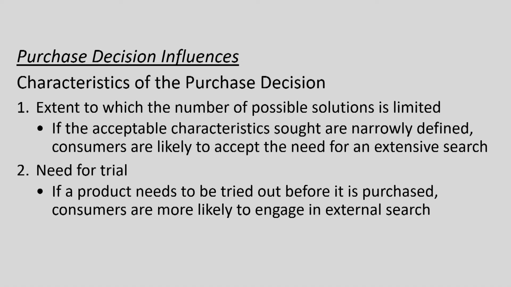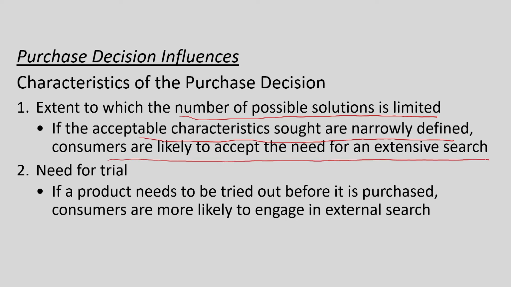A characteristic of the purchase decision is the extent to which the number of possible solutions is limited. If the acceptable characteristics sought are narrowly defined, consumers are likely to accept the need for extensive search. If the benefits, attributes and characteristics that you want in a product are very narrowly defined, you will look for more information, right?